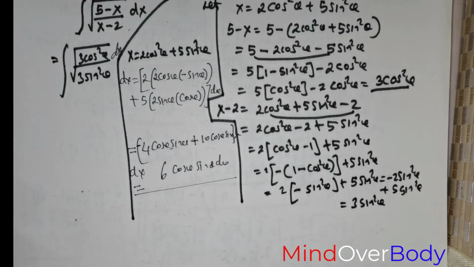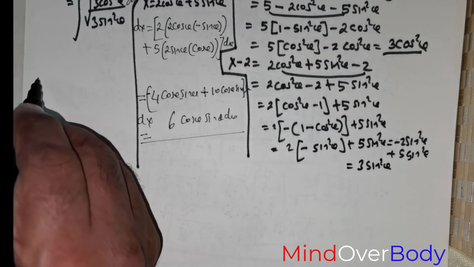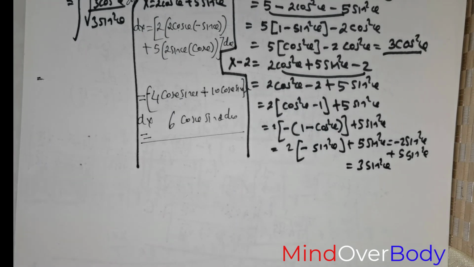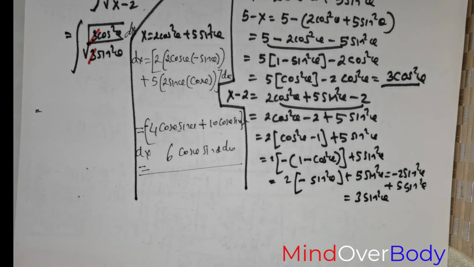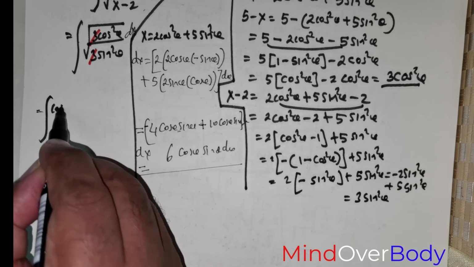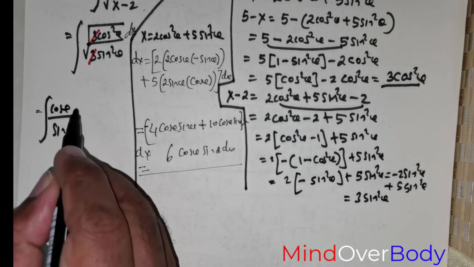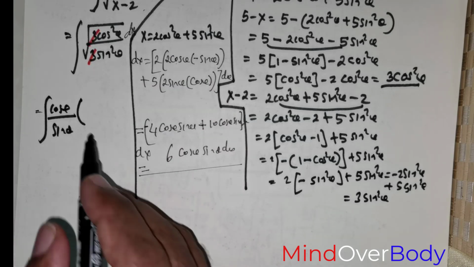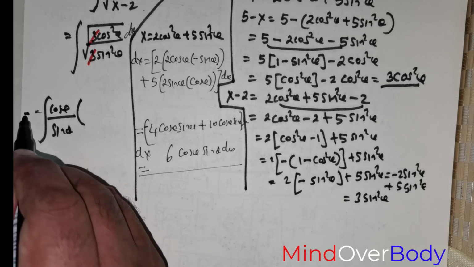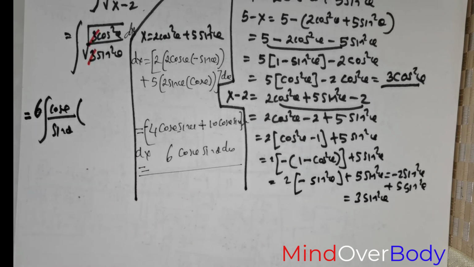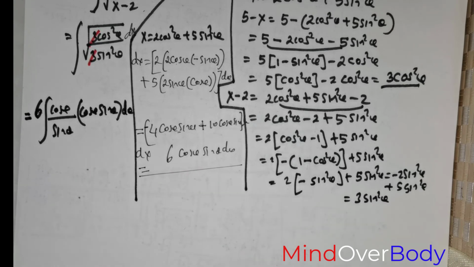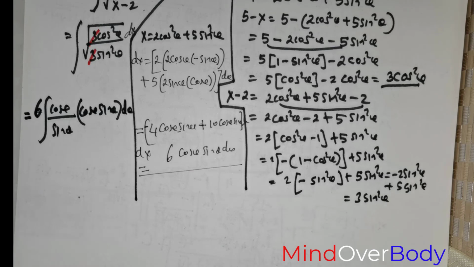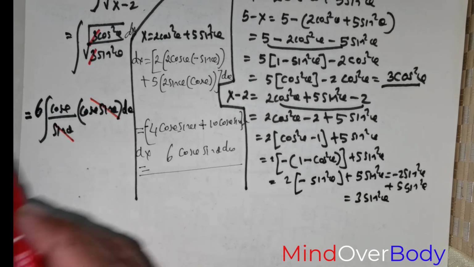So this is equal to, let me write that down, now clearly the 3 that you see here will be cancelled. So root of cos square theta would give me cos theta, root of sin square theta would give me sin theta. Now I have 6, of course I can place the 6 here, 6 cos theta times sin theta times d theta, right? So what I can do is cancel the sin here.